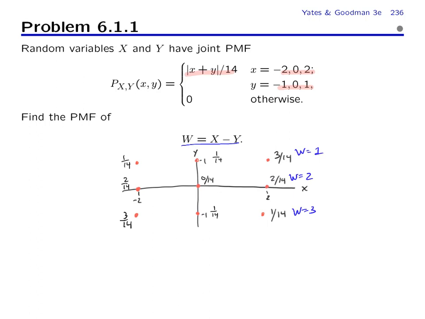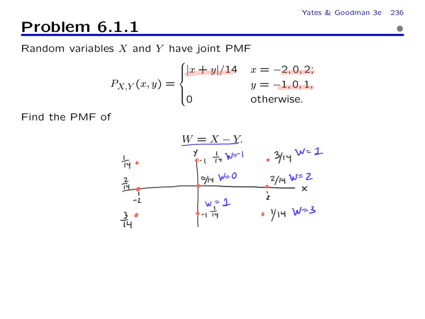Similarly, the other points are x is 0, y is 1, w is minus 1, w equals 0. This point will turn out to be irrelevant because x and y 0, 0 doesn't have any probability. And finally, w is equal to 1 because x is 0 and y is minus 1.